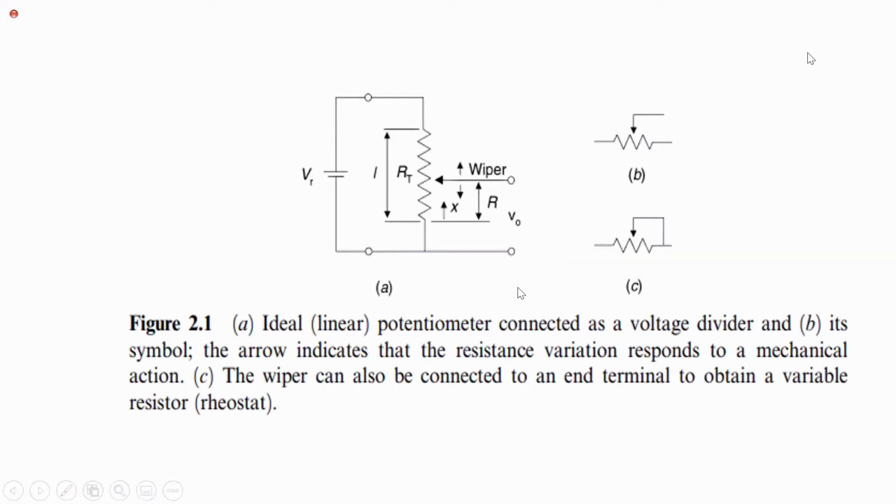Here, this wiper has moved from bottom to top. So here the wiper has taken this position, so the distance traveled, the displacement, is X. Figure B shows a symbol and figure C shows a symbol for rheostat.